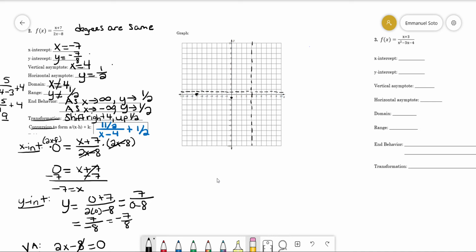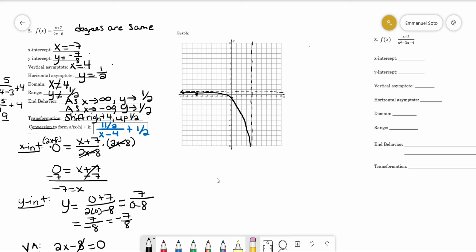It should be approaching this more, so let me try that again. Okay, and then get that to approach here. There you go. It doesn't actually touch or cross, it's just approaching it.